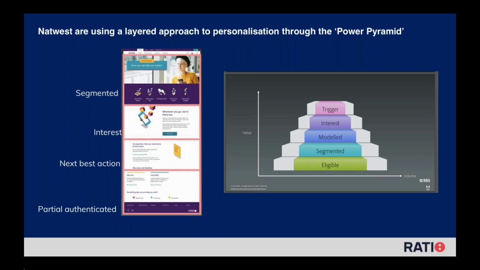thinking is around personalization. So this power pyramid approach is basically, on the chart that you can see, considering that the most effective personalized experiences, i.e. that drive the greatest uplifts and that create the most relevance, will be those that are targeting only a smaller part of your audience.